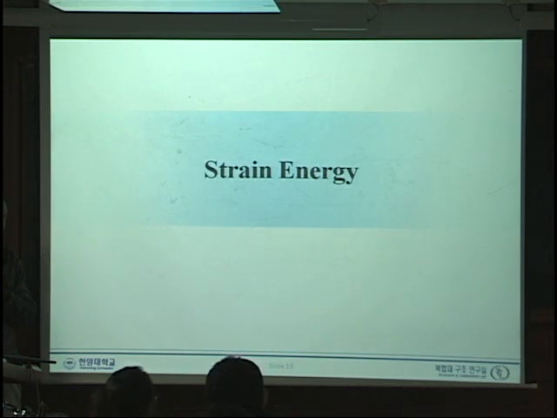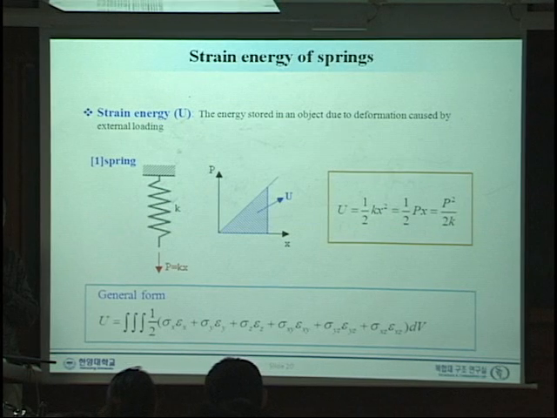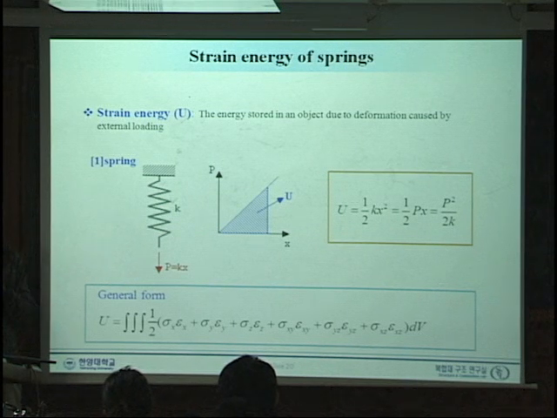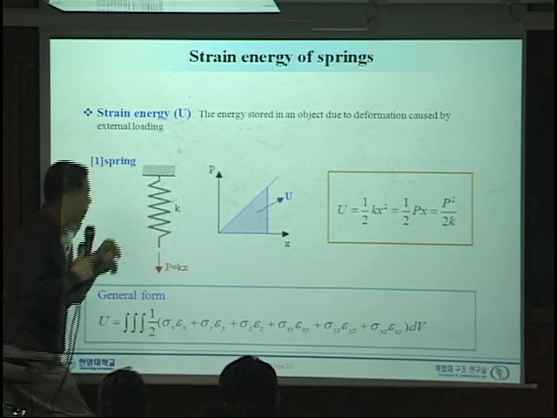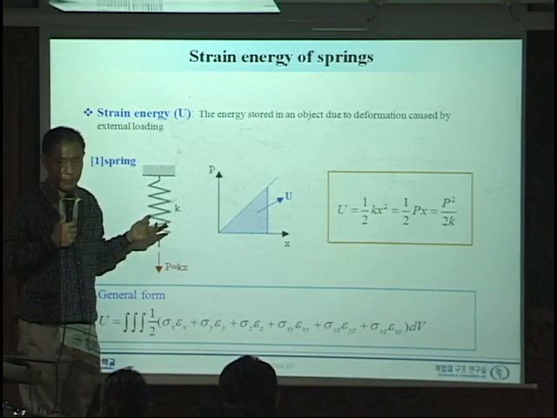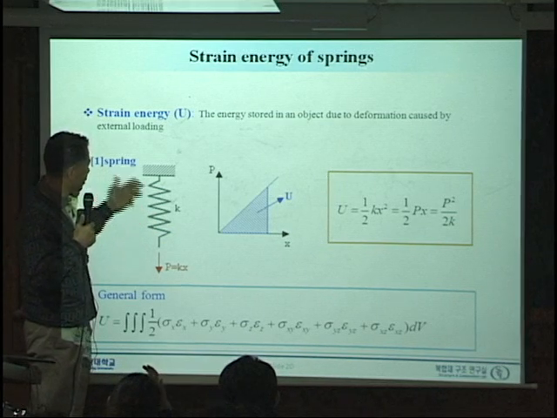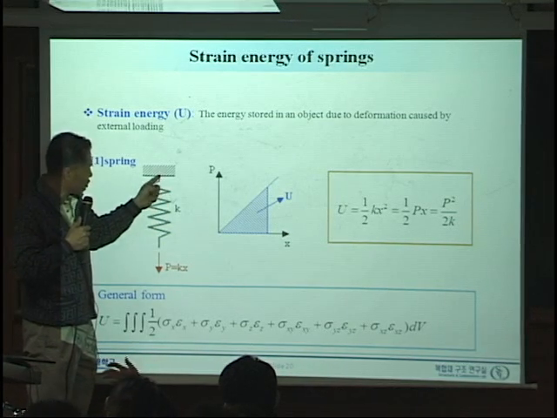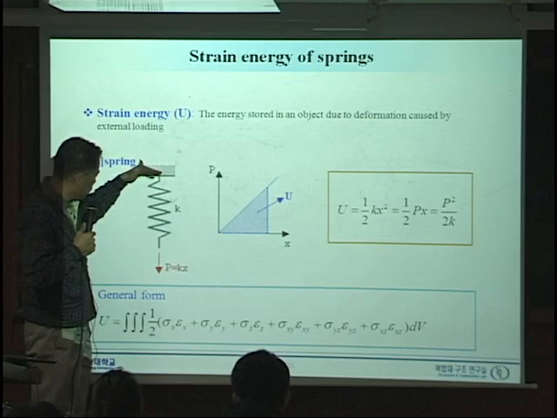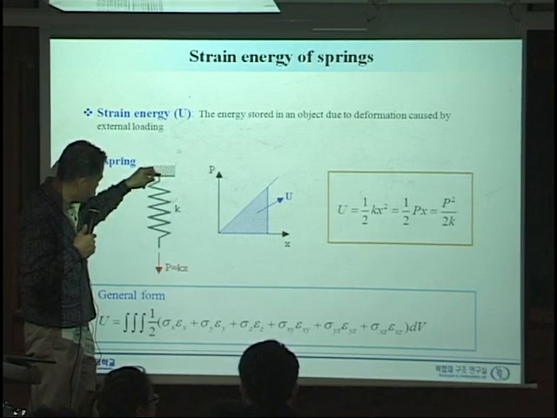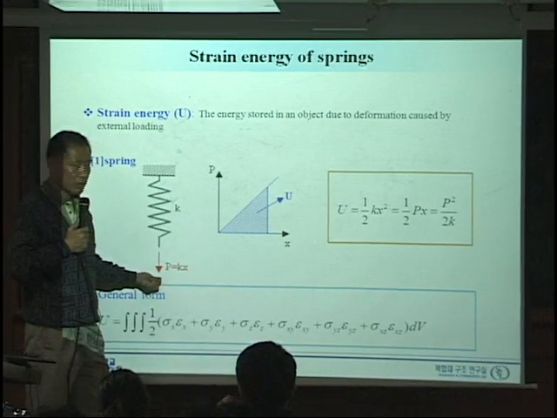That's all. And strain energies, that's all for this beam theory. And strain energy is where I just go through. What is a strain energy? Let's go back to a spring, which is attached to a ceiling, and then you apply load.